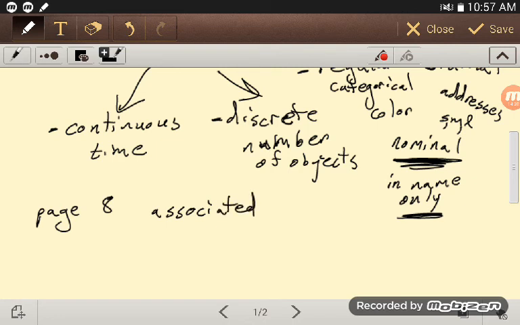Okay, they're associated. Now, I'm not sure why they don't just go ahead and say dependent, but they say associated in a nice little box at the bottom of page 8, and then they say or they are independent.